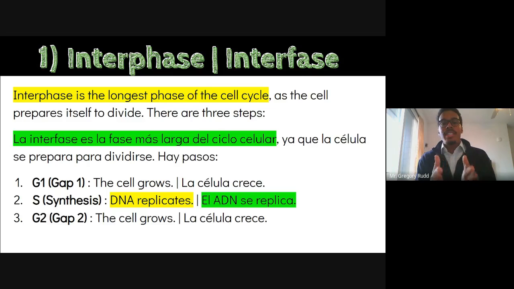If the cell tried to divide before replicating its DNA, then each of the daughter cells would only have 23 chromosomes instead of the correct number, 46. Okay, so when we're preparing for mitosis, we need to replicate the DNA in order for the resulting daughter cells to have the correct number of chromosomes.